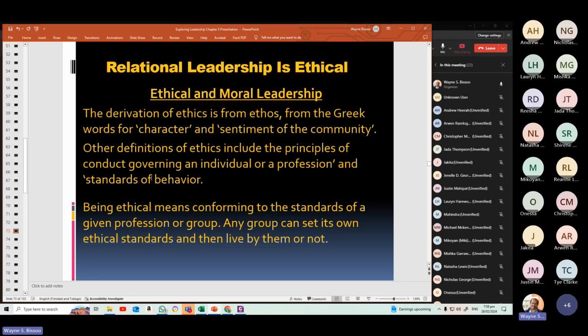Coming out of the 2008 financial failures and the pandemic issues, all of those things bring a lot of questions up about the ethical values of individuals in charge of these organizations, in charge of the activities that have gotten us into the mess that we seem to be in around the world.